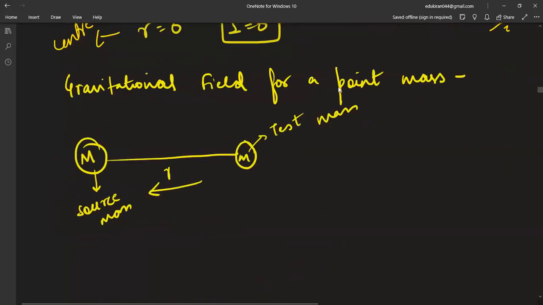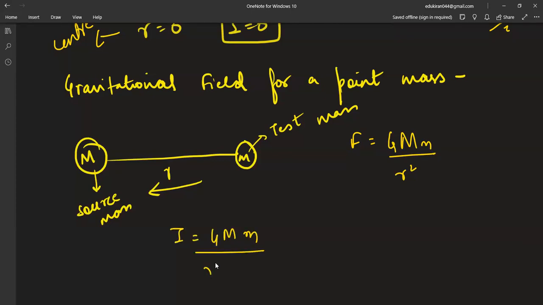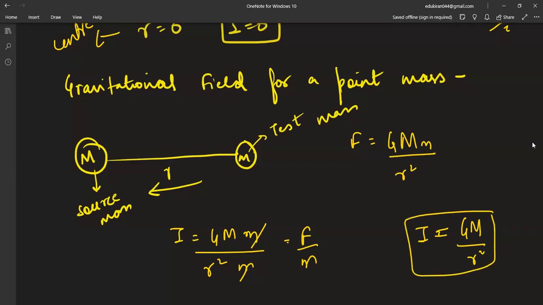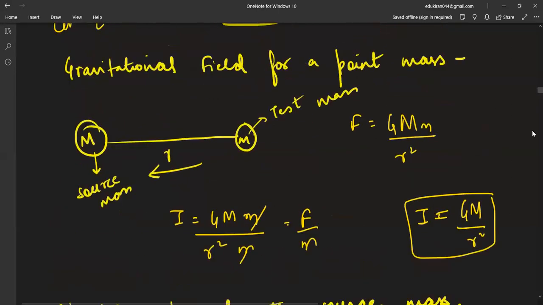And one more thing. See, gravitational field for a point mass. This is the source mass, this is the test mass, there's a separation R. Force is G M m by R square, so I is equal to G M by R square, force per unit mass. So for a point mass also, it is G M by R square, and the direction is towards the source mass.